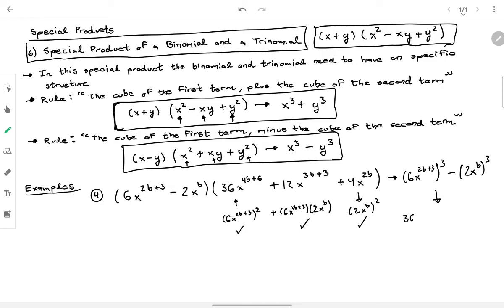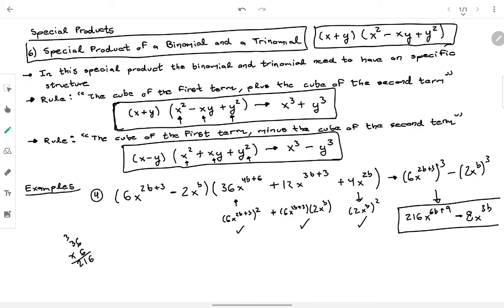So our final answer is going to be 216 x to the 6b plus 9 minus 8x to the 3b, and that will be our final answer.